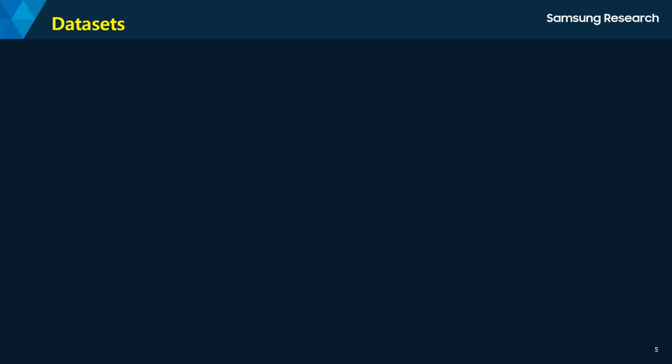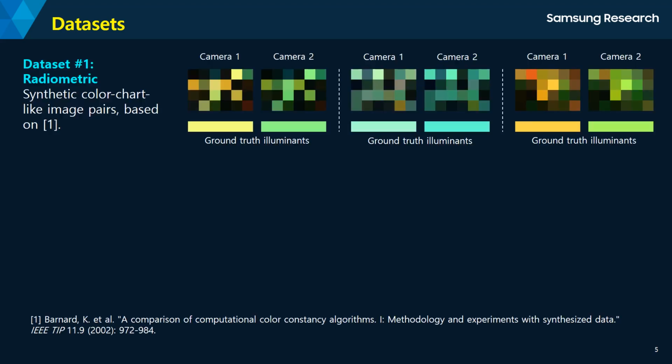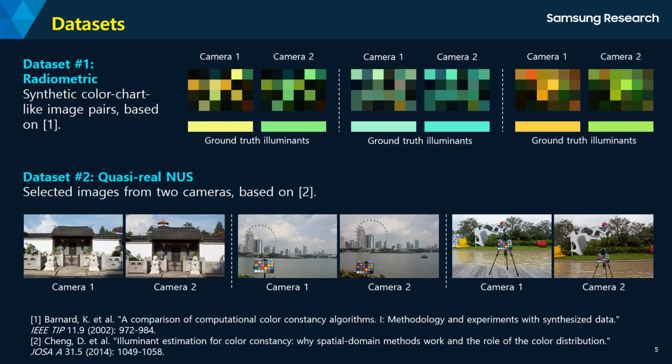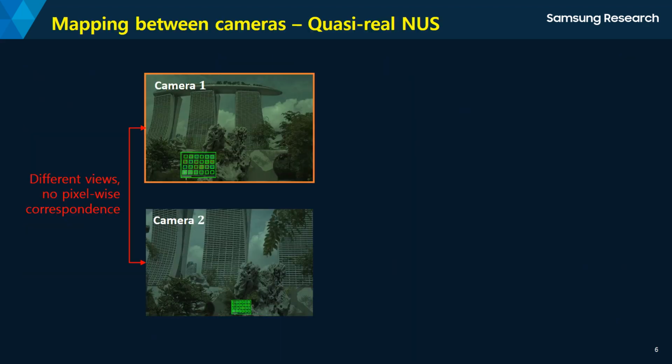We use three types of datasets to train and evaluate our method. The first dataset is a radiometric dataset that consists of synthetic image pairs from two cameras. And the second dataset is based on images from two cameras from the NUS color constancy dataset. For the NUS dataset, the images from two cameras have different views, so there is no pixel-wise correspondence to compute an accurate transformation between the images.